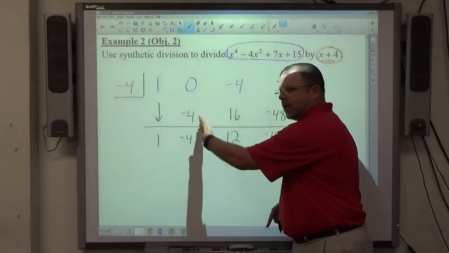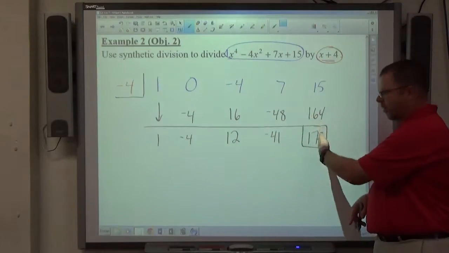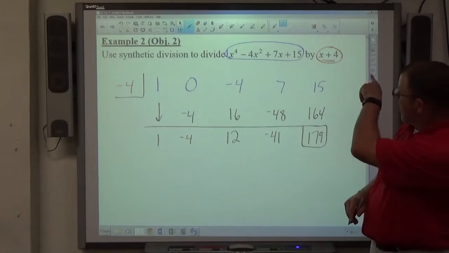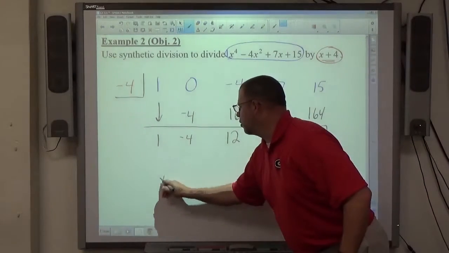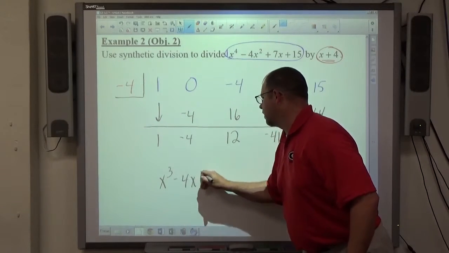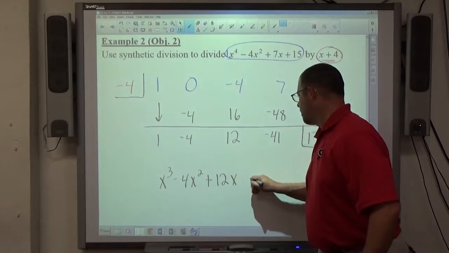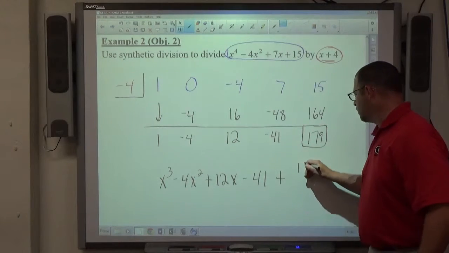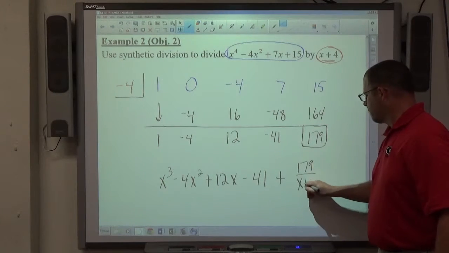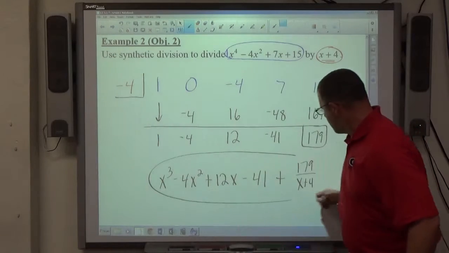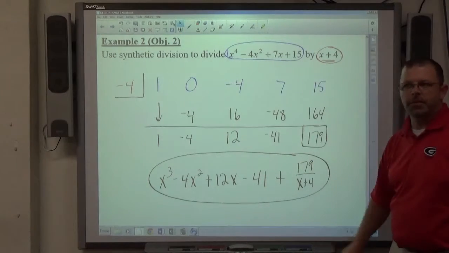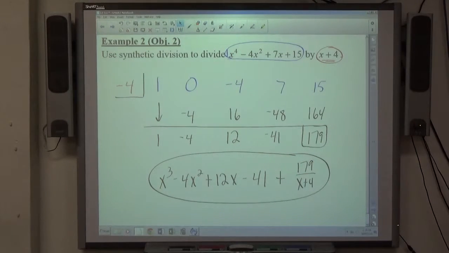So x cubed minus 4x squared plus 12x minus 41 plus 179 over x plus 4. That is the quotient of the polynomial division.